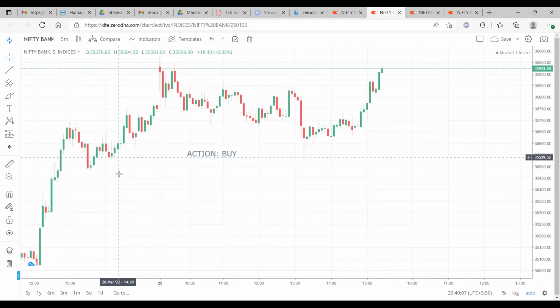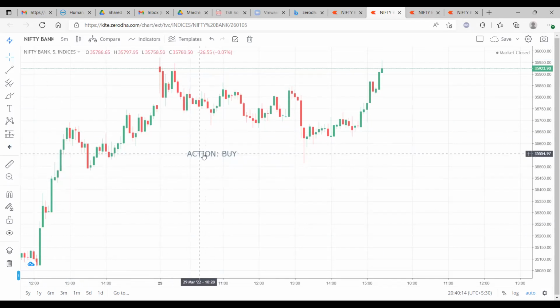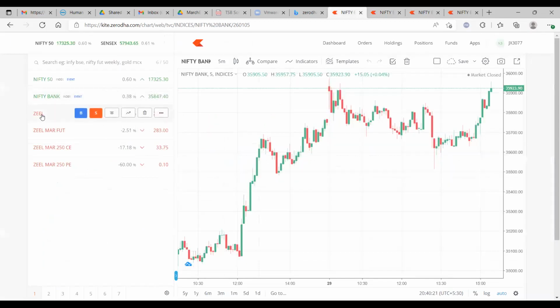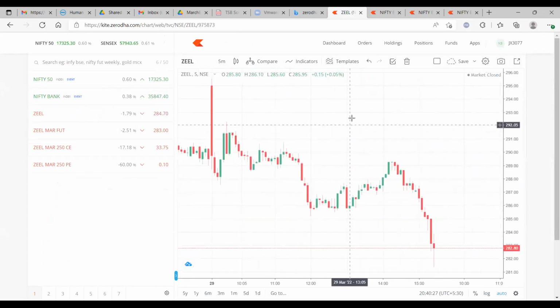Okay. Say for example, from this point to this point, the price is going up and I got an indication. So what I'm trying to do here is first buy and then sell. Let's take an example of Z Limited. So this is the chart of Z Limited.